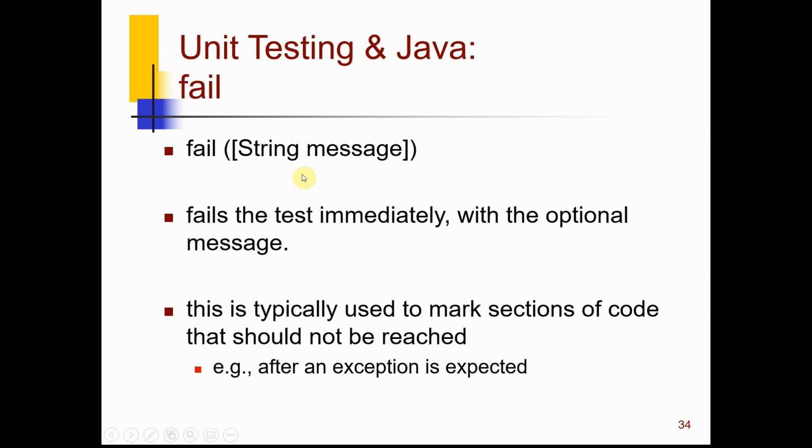And then fail: this one will fail the test immediately with an optional message, and is typically used to mark a section of code that should not be reached. So if there is some part of code that you don't want any circumstance to go through, then you can put a fail there. So when you're running the code and somehow reach that part of code, it will show the message.